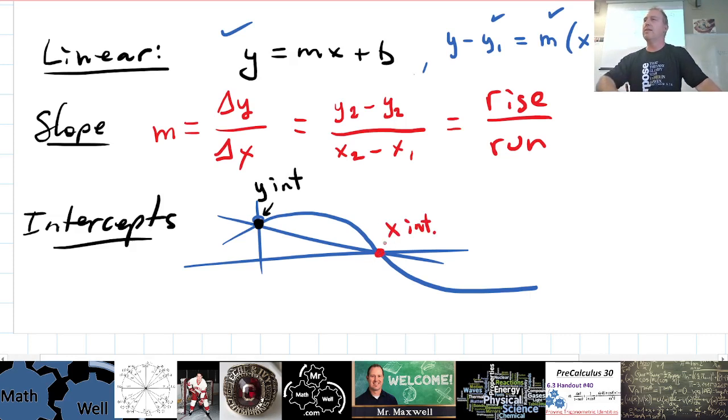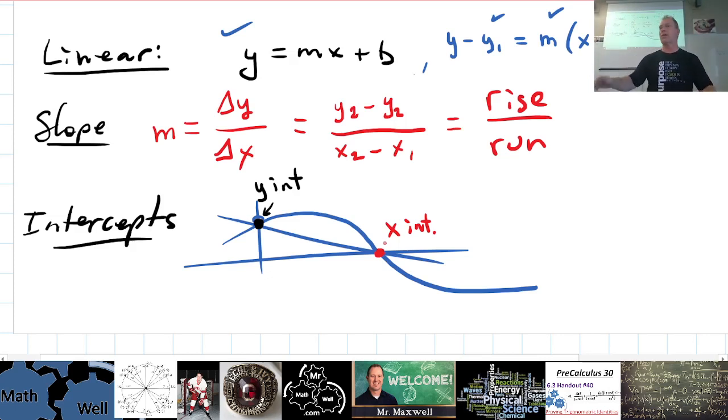In word problems, if you're talking about, let's say, business, revenue, cost, that kind of thing, your intercepts will be pretty important because they will be where you break even, some kind of zero where your revenue and your costs balance each other out. That might be an intercept.